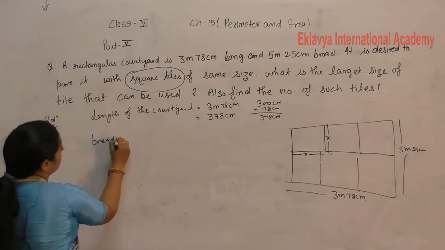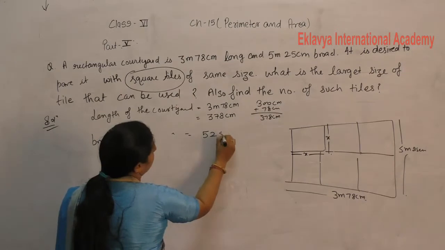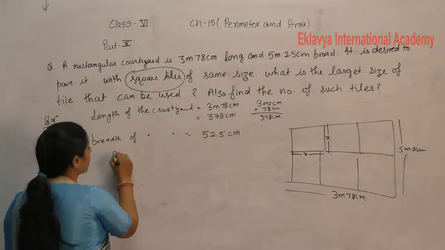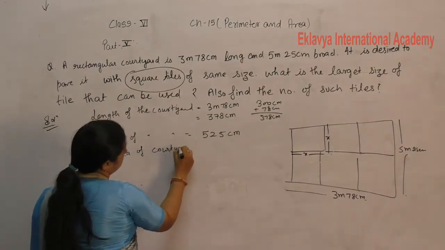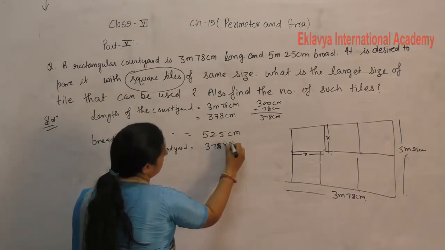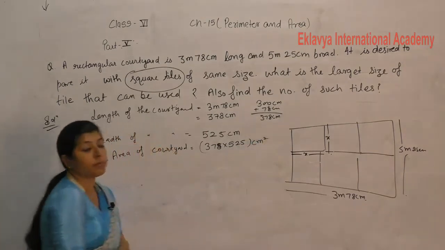Breadth of the courtyard similarly is 525 centimeter. Now area of the courtyard is equal to 378 multiplied by 525 centimeter square.